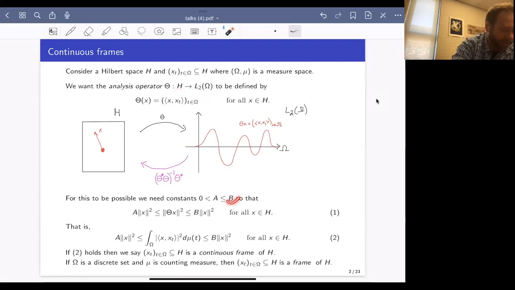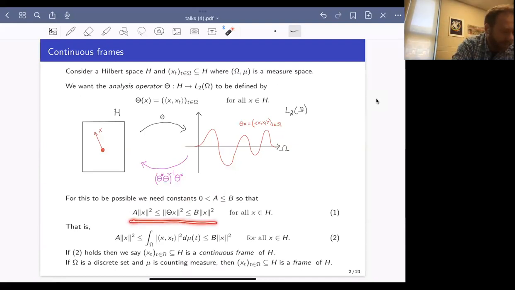And so that would be there exists a constant b, so that this inequality is satisfied. And then we also want to be able to recover our vector using a bounded operator. And in order to do that, we need a constant a such that this lower inequality is satisfied.